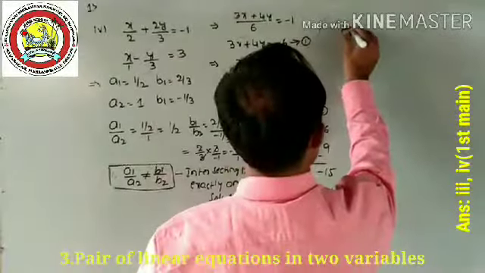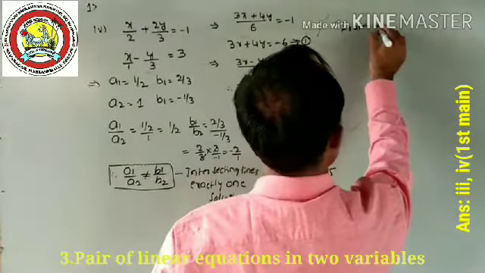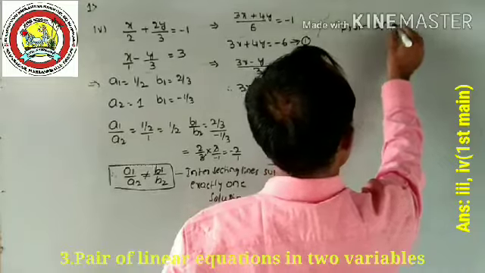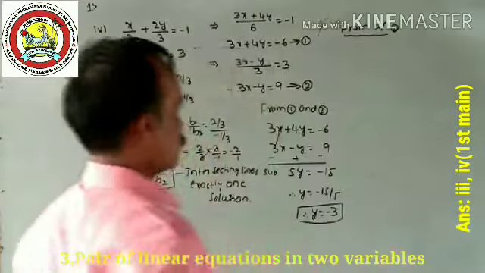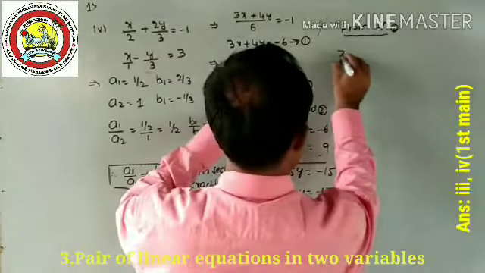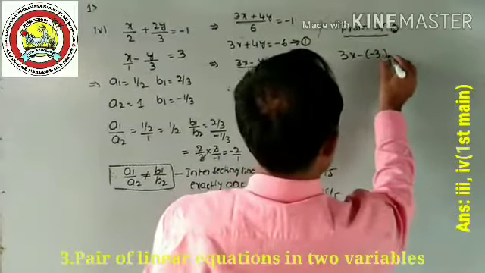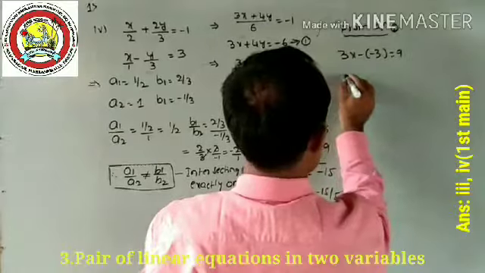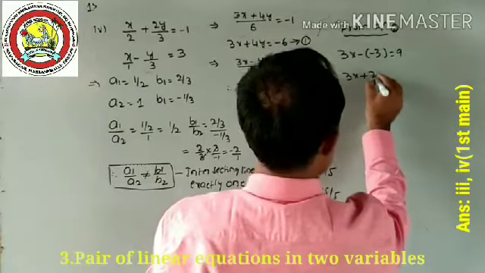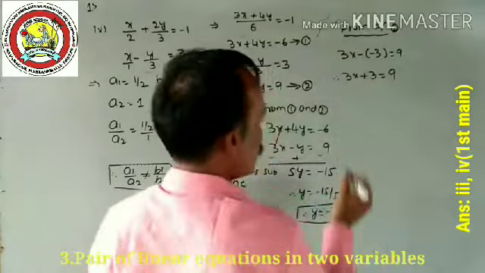Now from equation 2, take any one, no problem: 3x minus y, minus of minus 3, is equal to 9. Therefore 3x plus 3 is equal to 9.